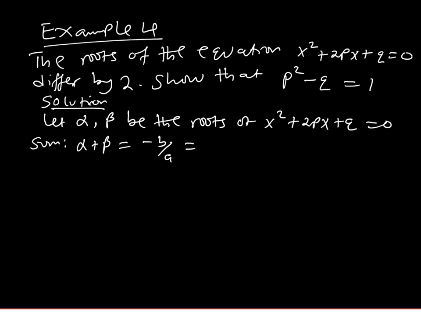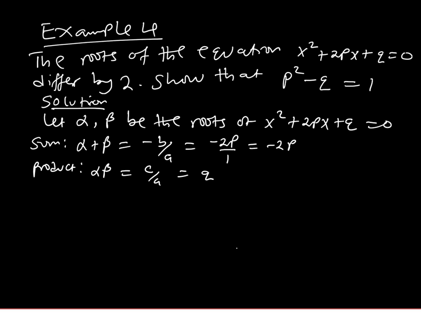And in this case, b equals to 2p. So this is minus 2p, and a is equal to 1, so we end up with minus 2p. Then the product, alpha times beta, will be c over a. And in this case, c equals to q.